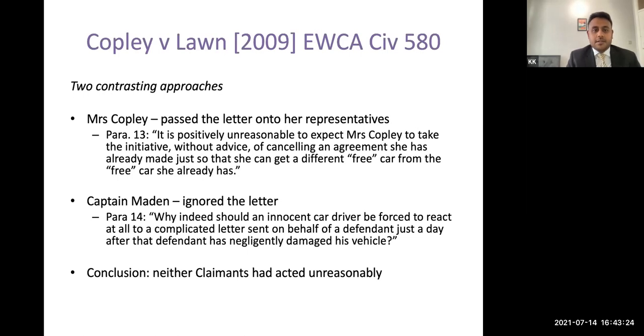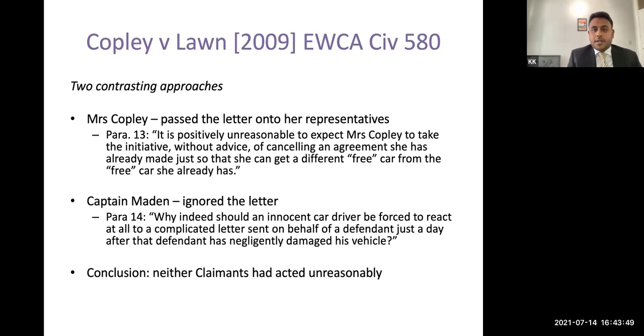Clearly, there are two different approaches here by each claimant in these particular cases. But ultimately, and despite the fact that different approaches were taken by each claimant, the Court of Appeal concluded that neither claimant had acted unreasonably in the circumstances.